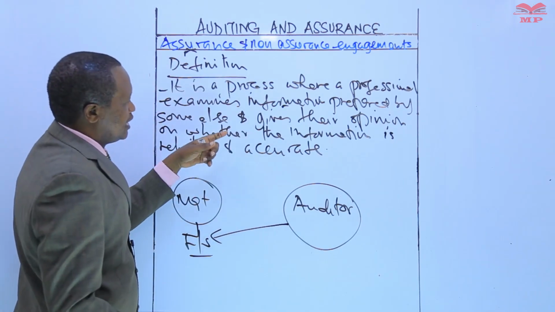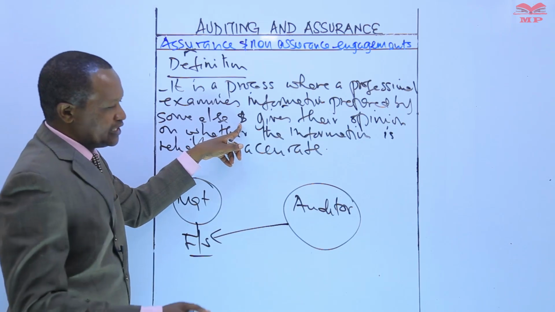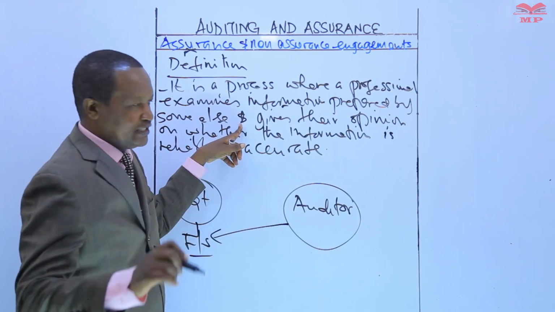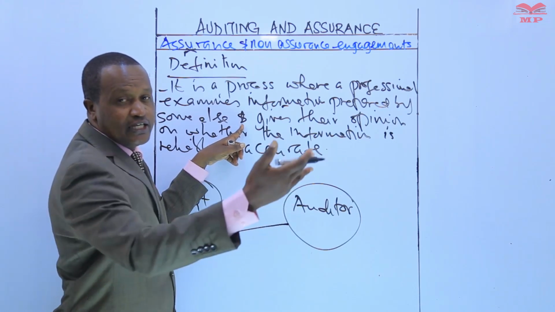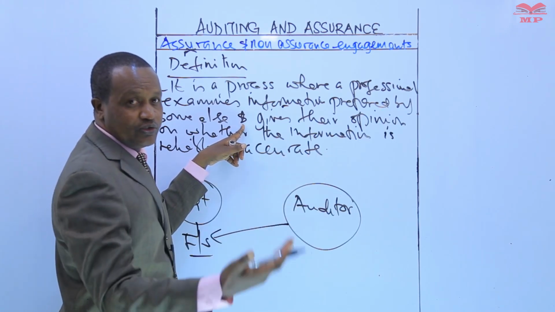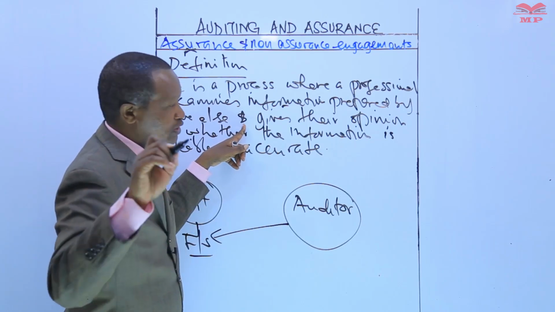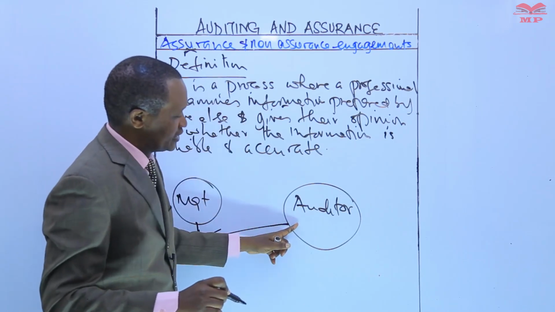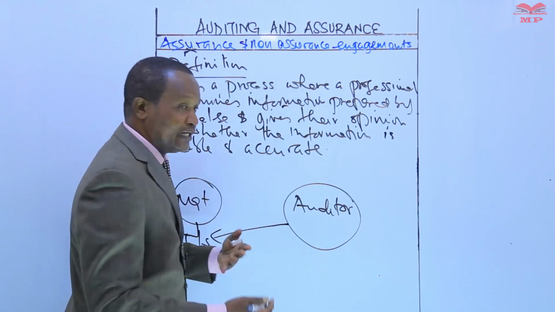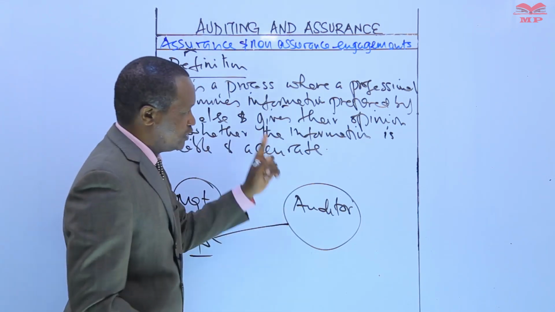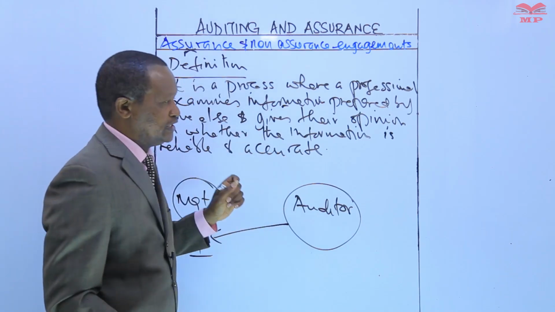Now, after examining, this examination is carried out based on a certain criteria. When auditing financial statements, there is a criteria that the auditor is required to follow. That's why we have international standards on auditing. Auditors do not examine statements anyhow. They have to follow a certain criteria, international standards on auditing.